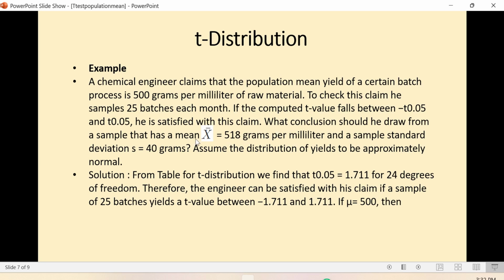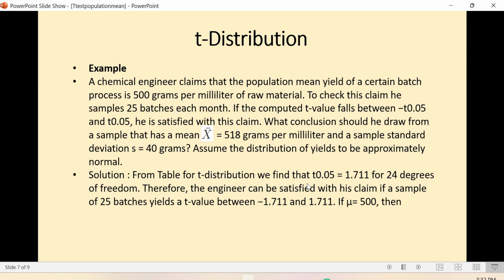We get a sample mean x bar equal to 518 grams, and the standard deviation of the sample is 40. So what conclusion will the engineer draw from this sample?